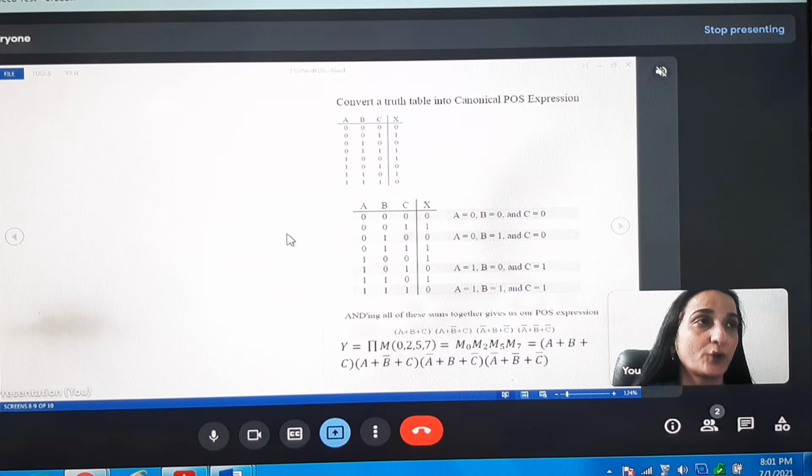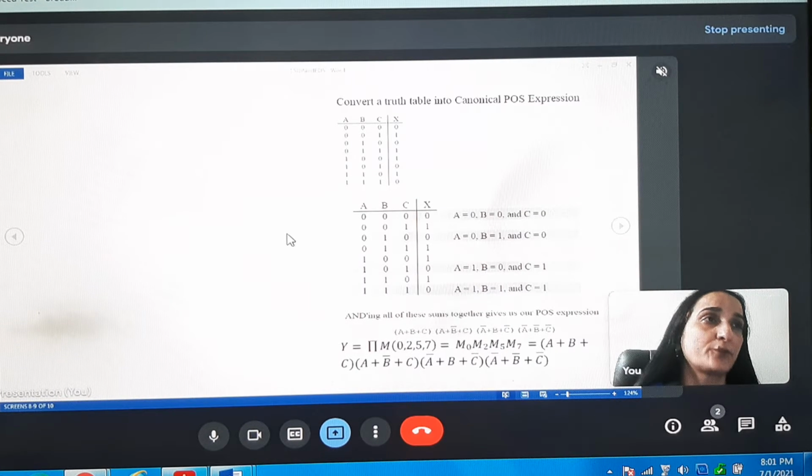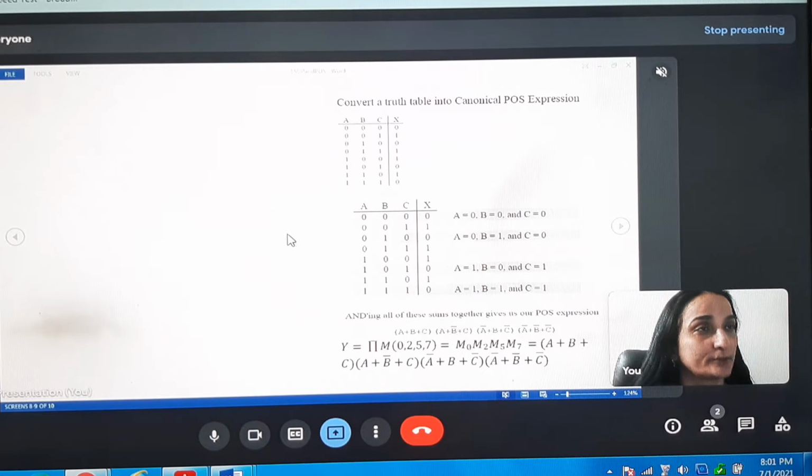In POS format, multiple OR gates are combined together in a single AND gate. Now we have to write the Boolean expression in POS format from the given truth table.